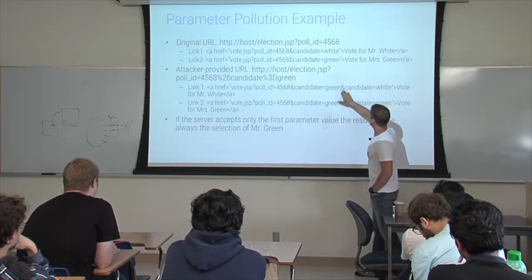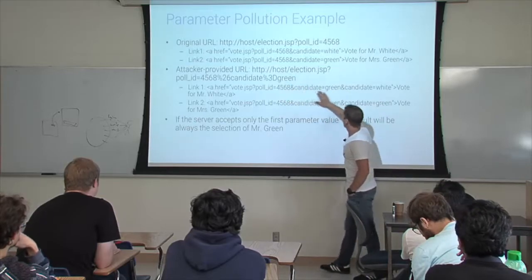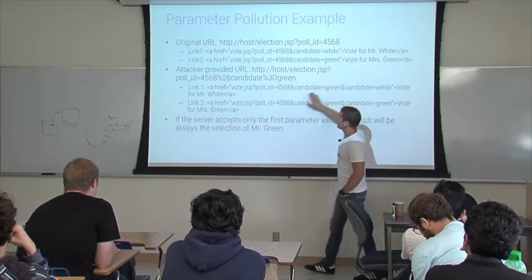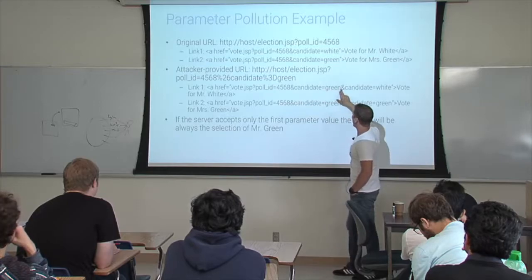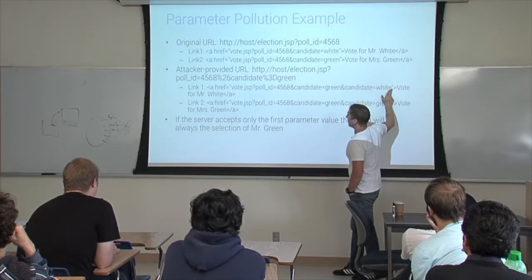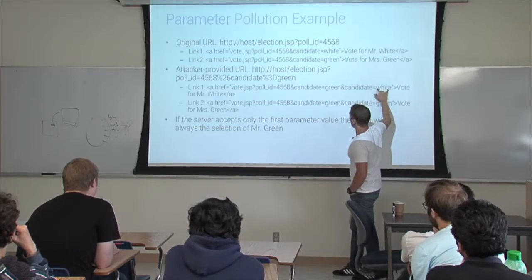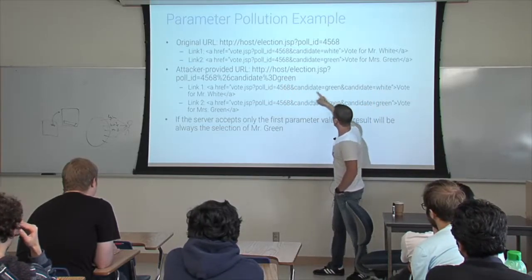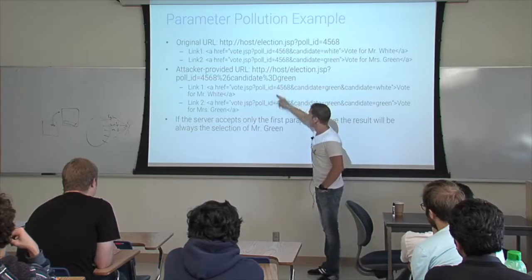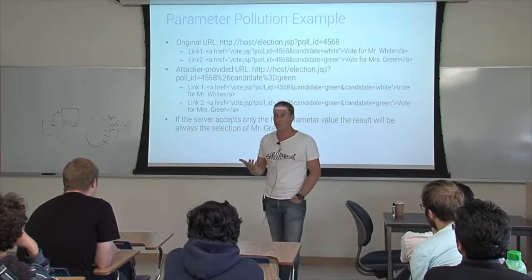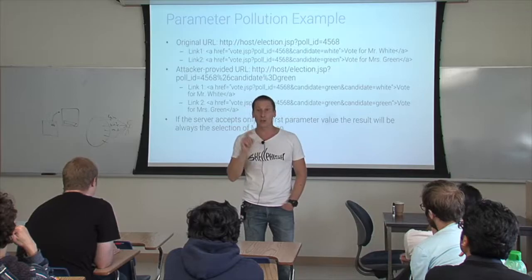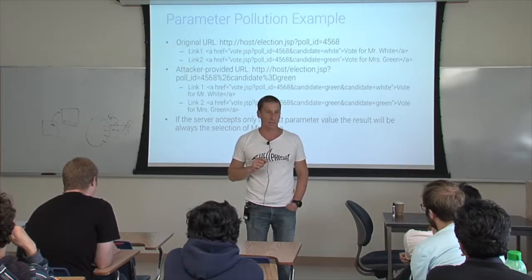In this case, the link will have green instead of white. And if the first value is the one that is used instead of the second, suddenly you have inserted a new parameter in the link, and whatever link you click, you will vote for the green guy.